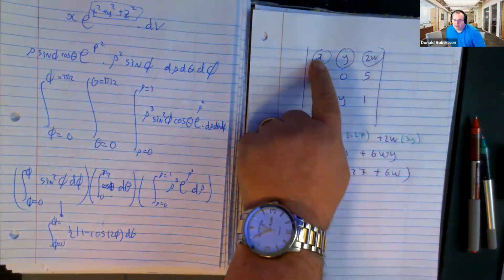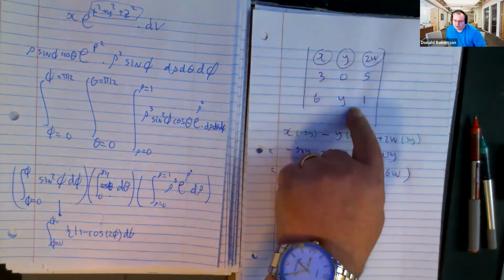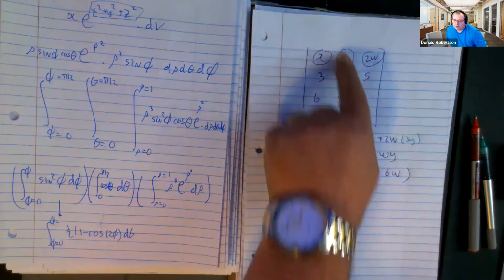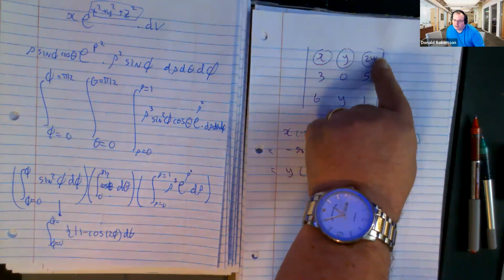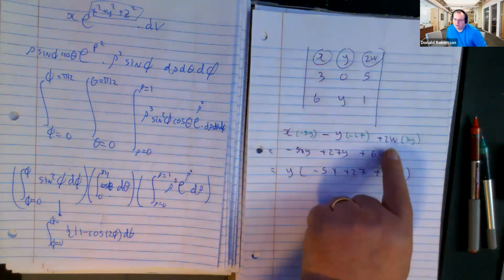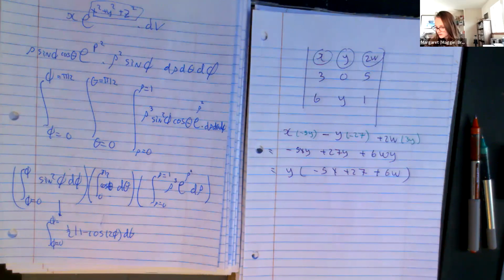So that guy times the 2x2 that's left, minus the middle one times the 2x2 that's left, and plus the last one times the 2x2 that's left. Okay, that makes sense.